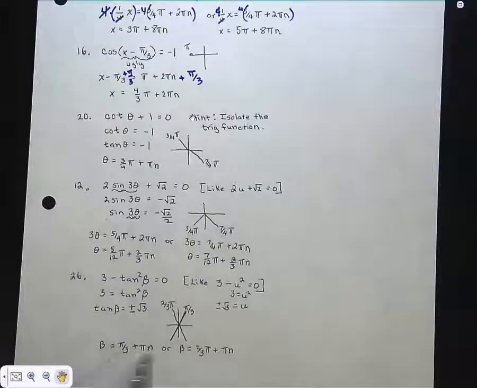So one of these solutions gives me all the angles whose tangent is positive square root of 3. The other solution gives me all the angles whose tangent is negative square root of 3.